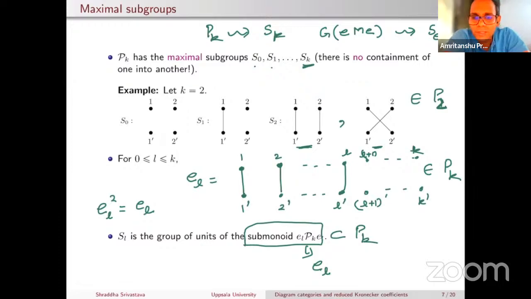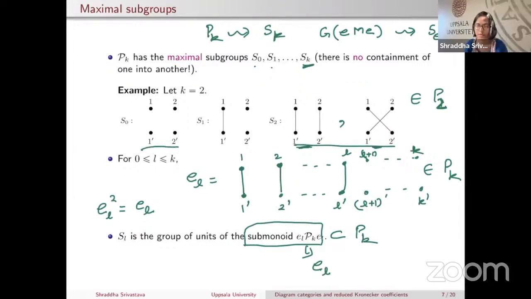Just to get more concrete, if I take S in particular, SK does not contain S0. It does not. SK is just a symmetric group in the usual sense, is that right? Yes. So what is S0 then? S0 is also a group of units.